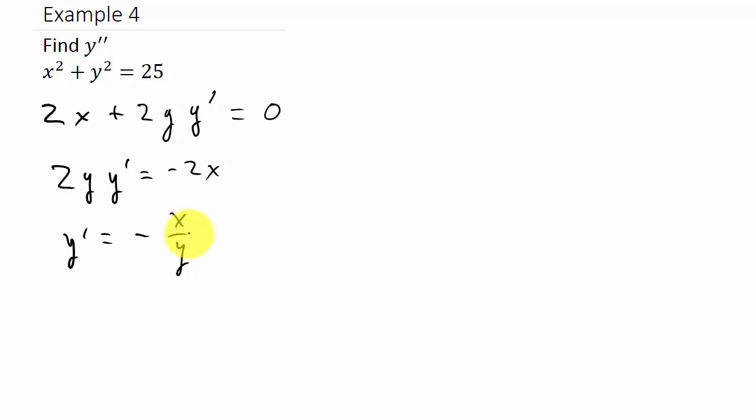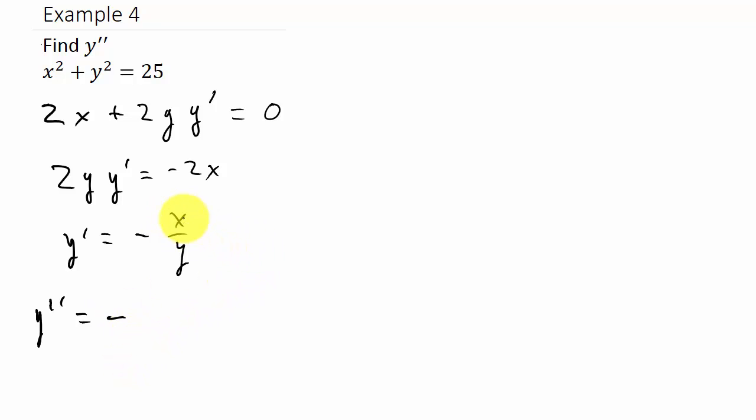Now I need to take the second derivative, so I have to take the derivative of this one. To do that, what am I going to have to use? That's right, the quotient rule. So for the second derivative, I'm going to leave the negative sign out in front.